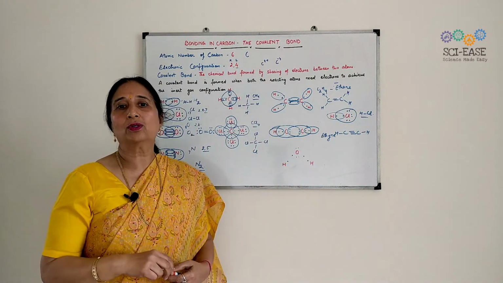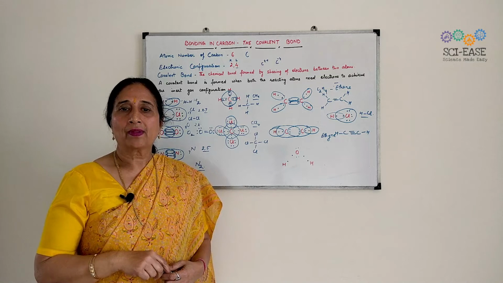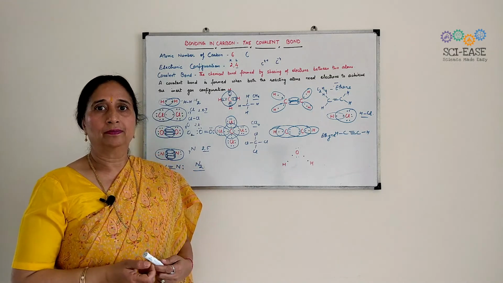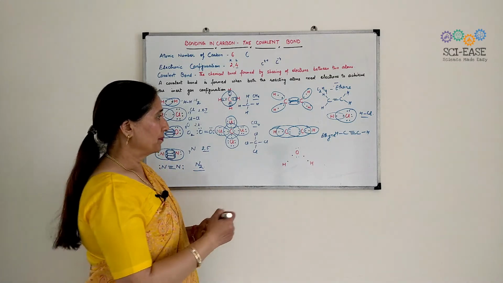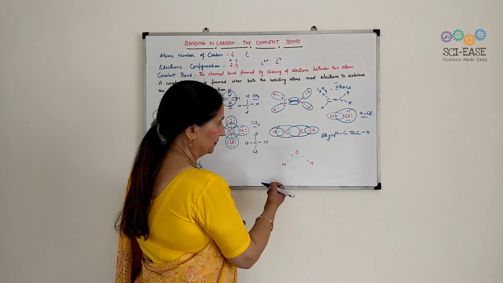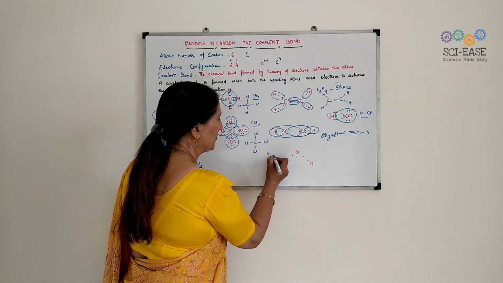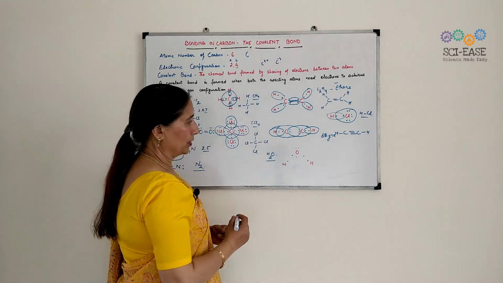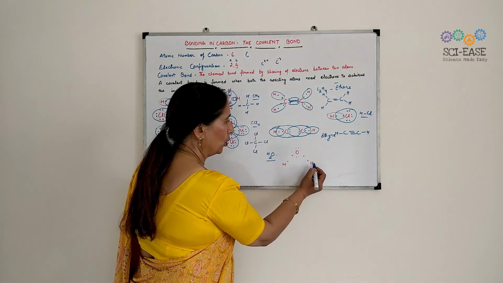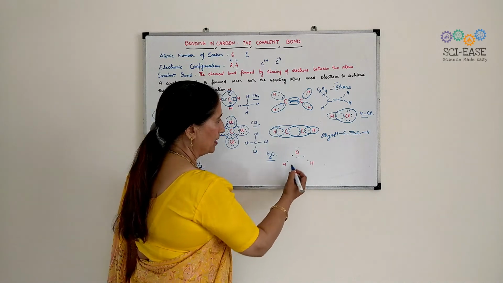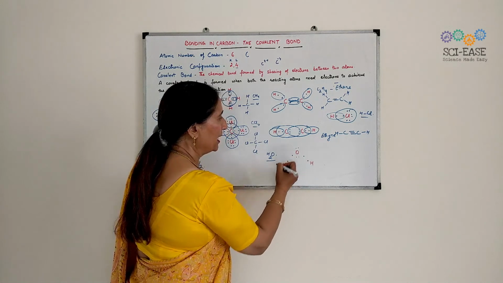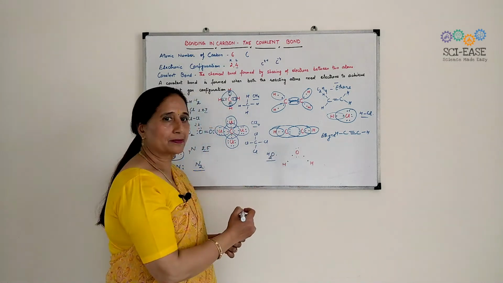There are many other covalent compounds also, like water and ammonia. I can take the case of water. Here it is H2O, the formula of water, H-O-H. Now around oxygen, how many electrons? 6.